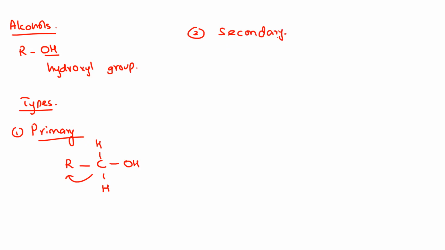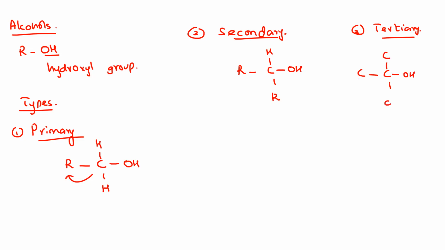A secondary alcohol would be something that's attached to two different carbons, and a tertiary alcohol would be something that is attached to three carbons, or a tertiary carbon. So that's what a tertiary alcohol would be.